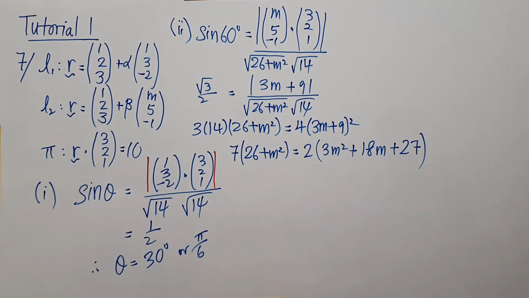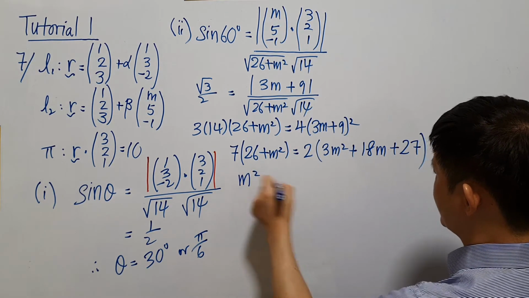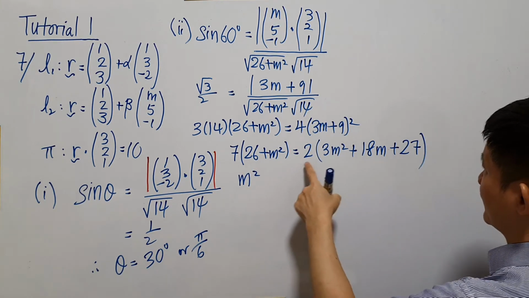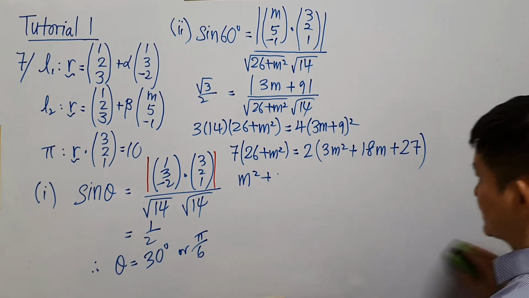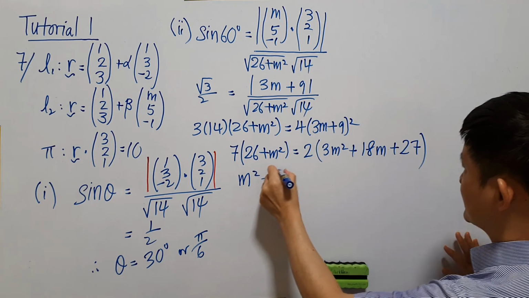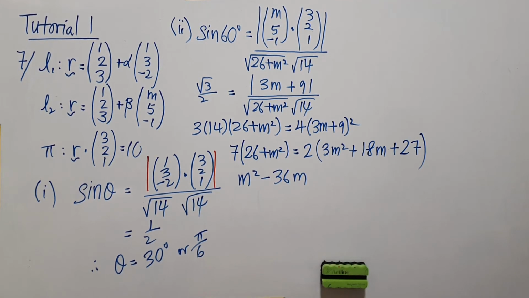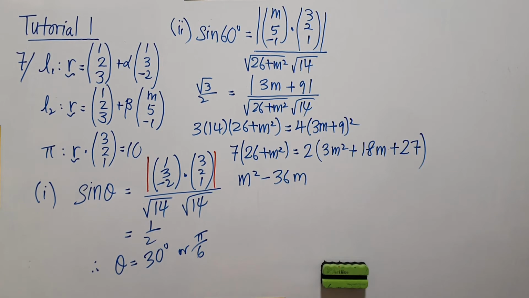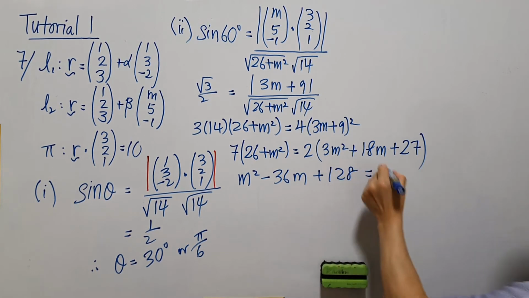From here, it's just arithmetic, you can do it your way. It doesn't matter, you don't have to follow mine strictly. This gives you minus 36m, and then I will have 26 times 7, which is 182, minus 54, giving 128, equals 0.